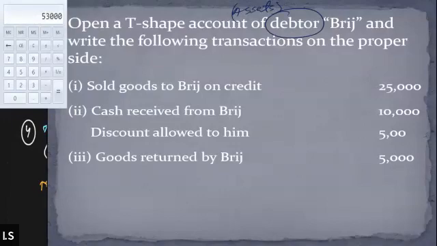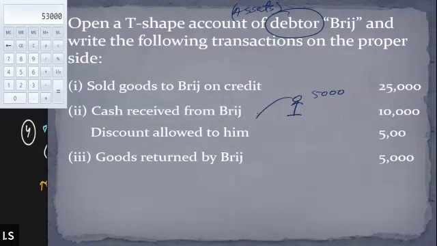When we allow a discount to our debtor, it is a kind of profit for the debtor and loss for us. Obviously it is going to reduce the amount of debtor. Let's suppose we have sold goods to this debtor for rupees 5,000.